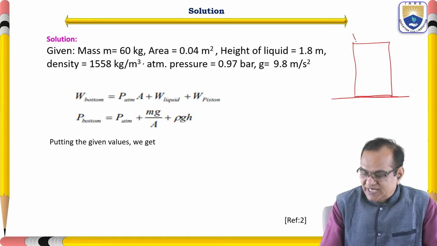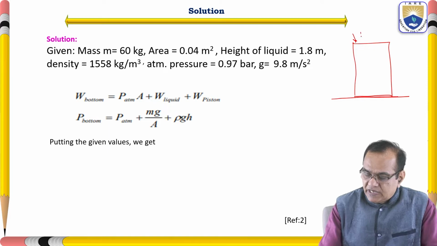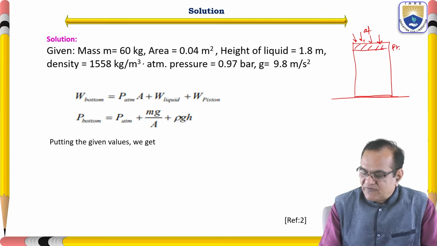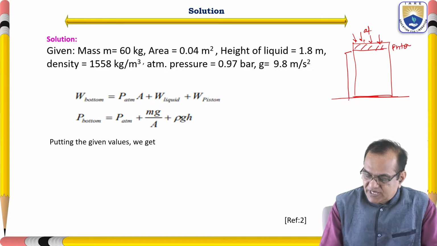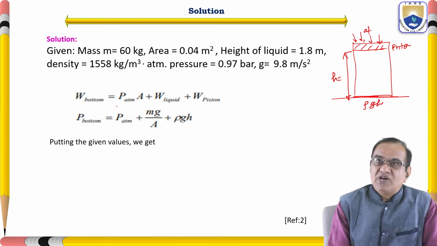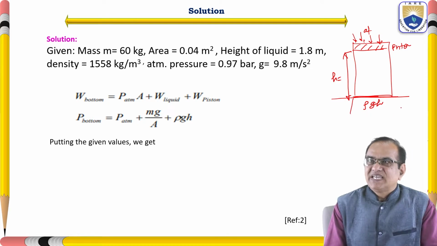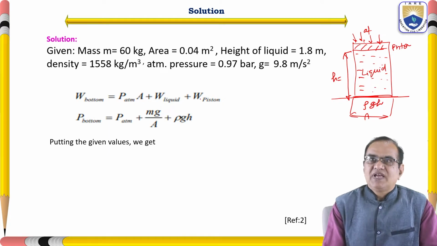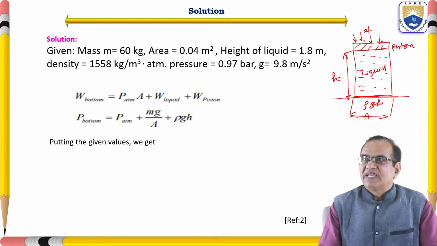Here we have the atmospheric pressure, here is the piston weight, and from here to here is the height H, so here you will get rho G H. So the total force at the bottom will be P atmosphere into A, the area, plus the weight of the liquid, plus the weight of the piston.